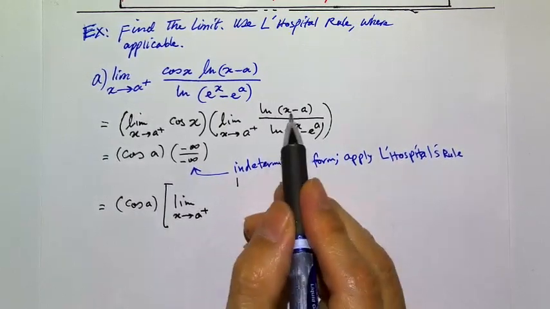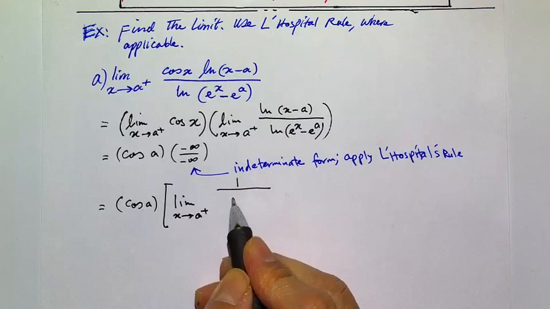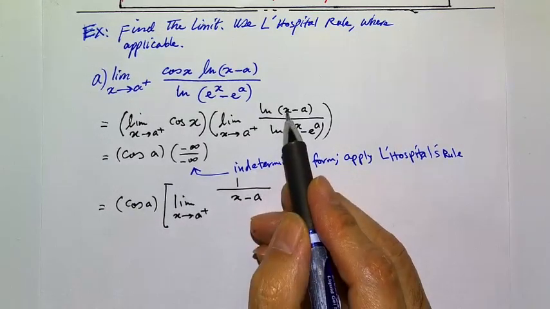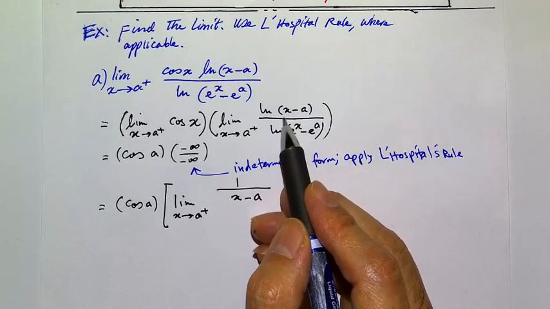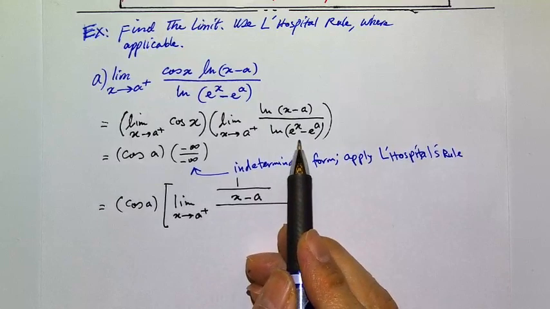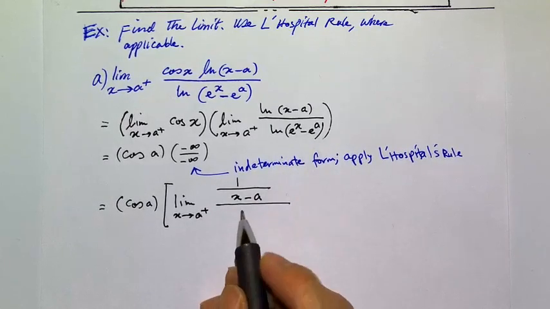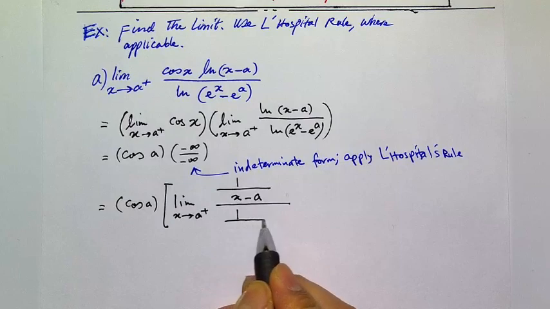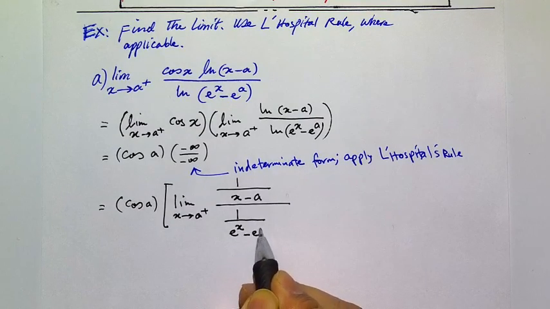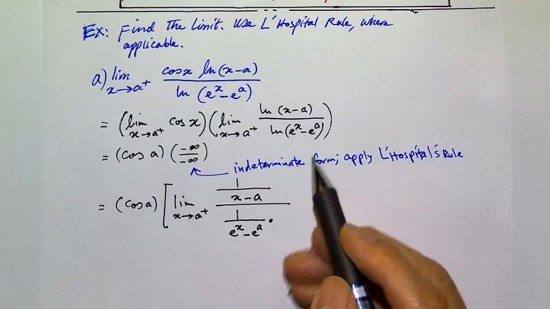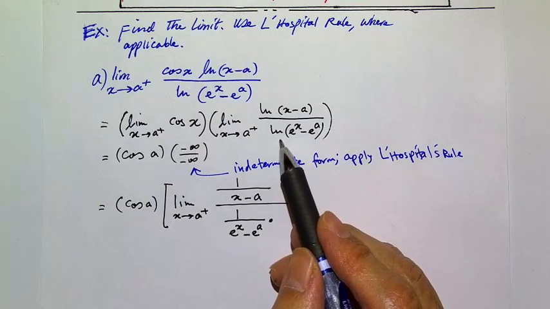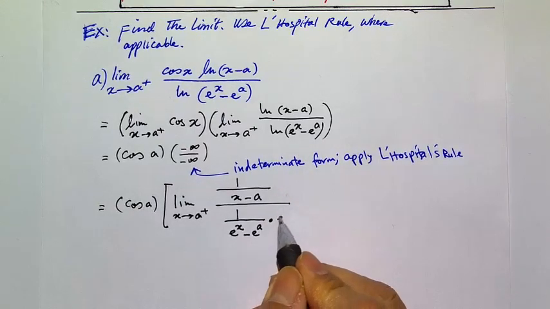So this is the derivative of the numerator, right? 1 over x minus a. By the chain rule, we multiply this by the derivative of the inside, which is 1, so it makes no difference. And then divided by the derivative of this piece, which of course is 1 over e to the x minus e to the a times, by the chain rule, the derivative of the argument of this natural log function, which is e to the x.